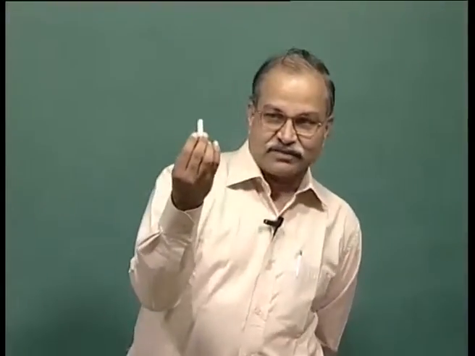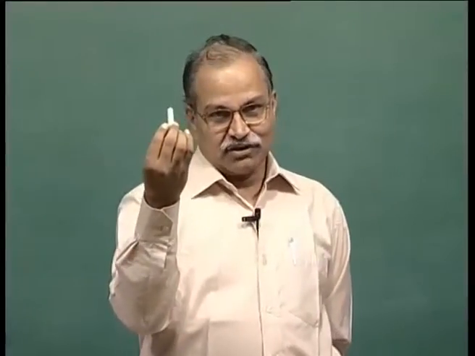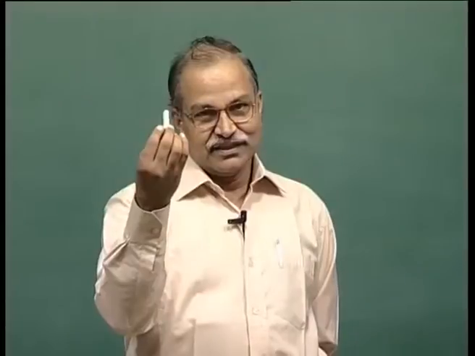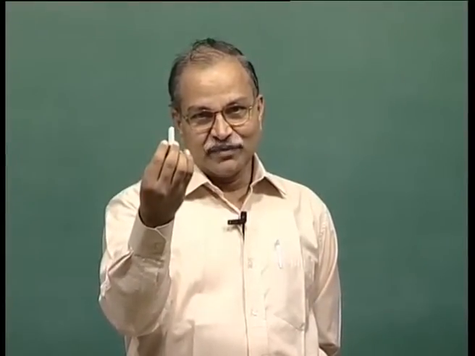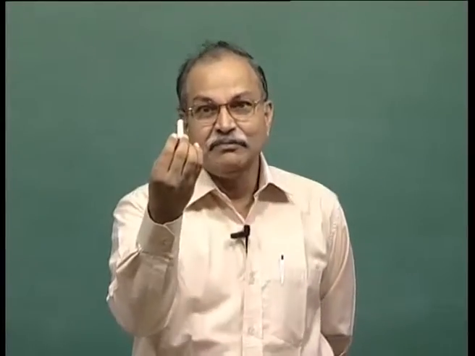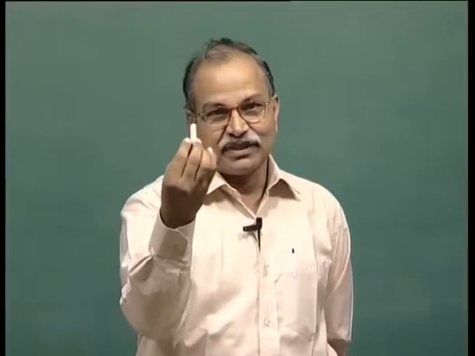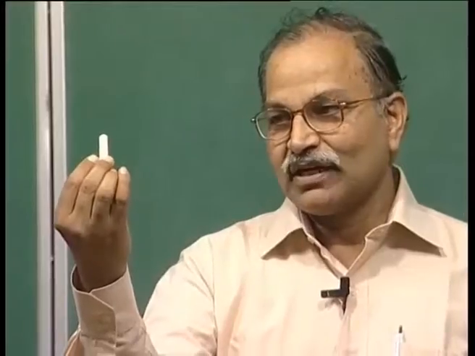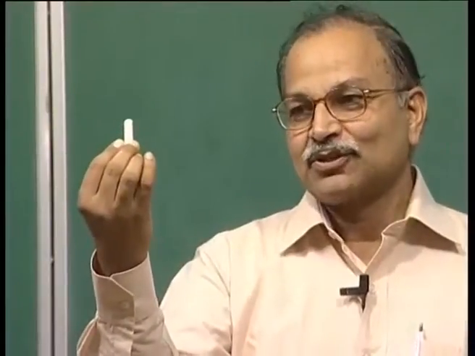If I ask you, I have this chalk in my hand, how big is this chalk, what is the diameter of this cylindrical chalk? You can look at the chalk and tell me an estimate, whether it is a millimeter, a centimeter or a kilometer. You can just look at this chalk and tell me that it is around a centimeter or so.